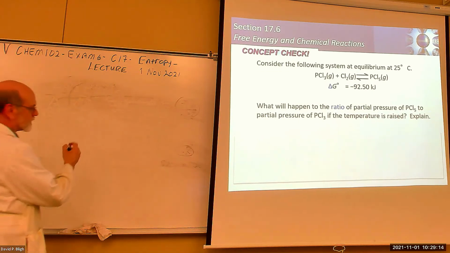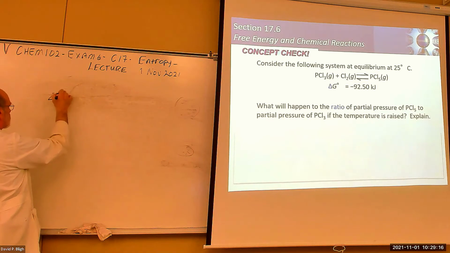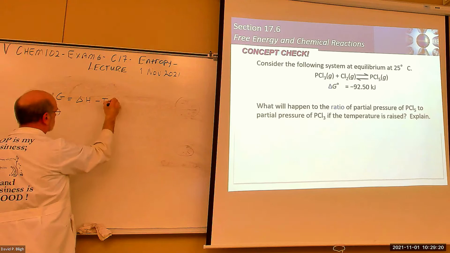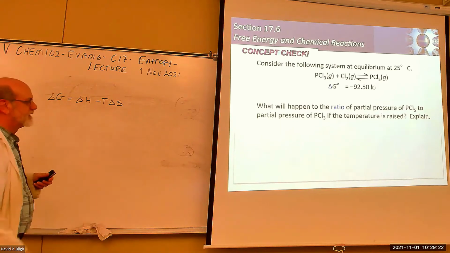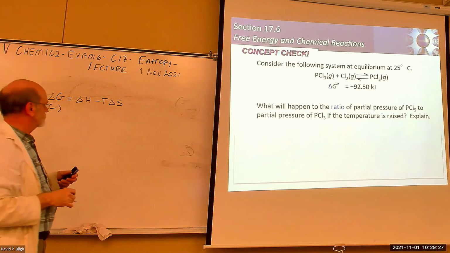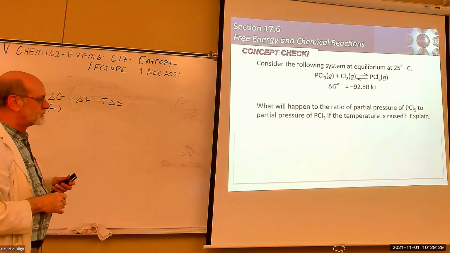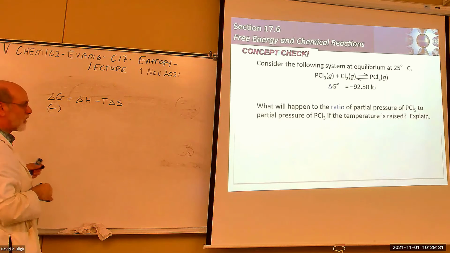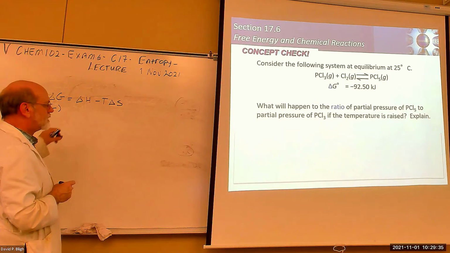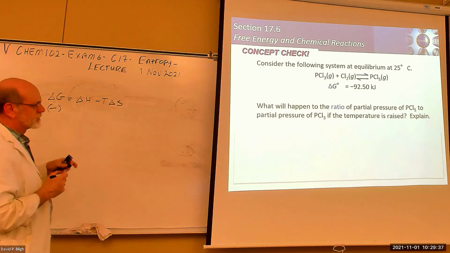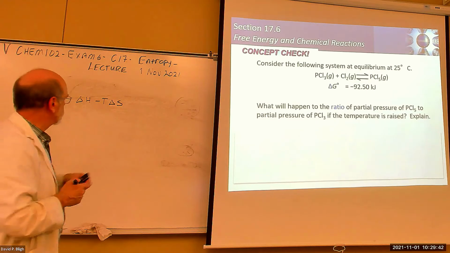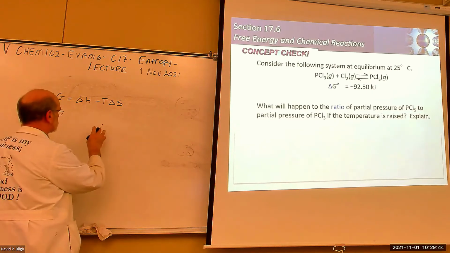Okay, let's look at this for a second. Delta G, okay, this is negative. We know that. So if the ratio of the partial pressures, what we want to find out is, we know it's spontaneous. What happens if the temperature is raised? Right?